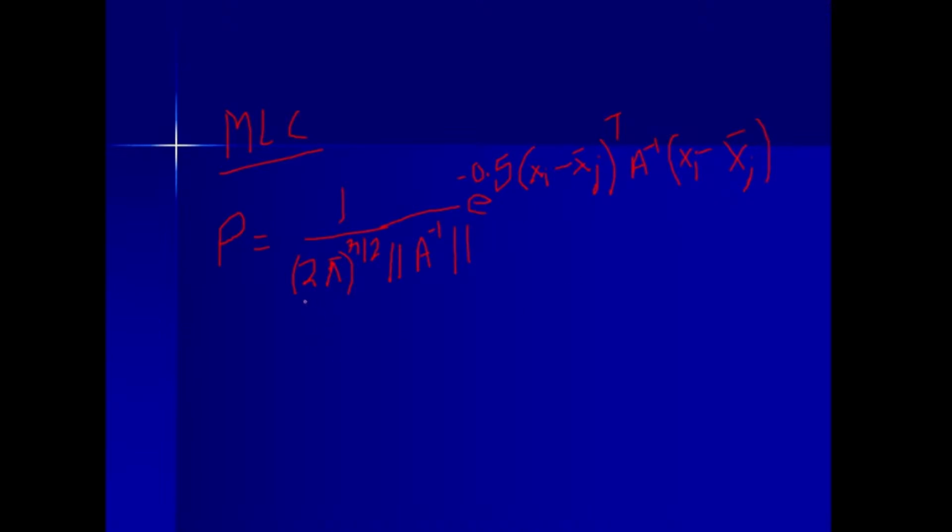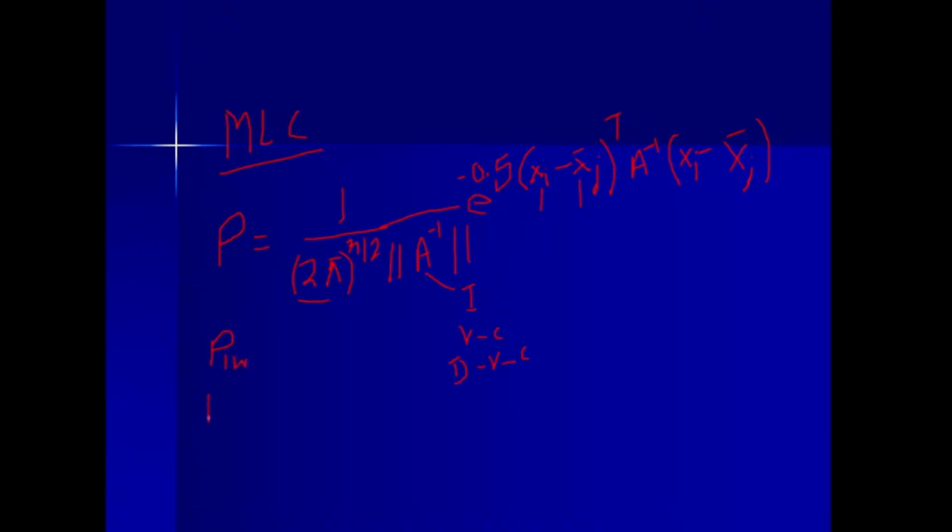The variables: n is the number of bands, and A inverse is a weight matrix that has 3 norms. It can be the unit matrix, the variance covariance matrix, or the diagonal variance covariance matrix. xi is the input pixel, and xj bar is the mean of the class. If you put all these variables for class water, you can find P1 for water.